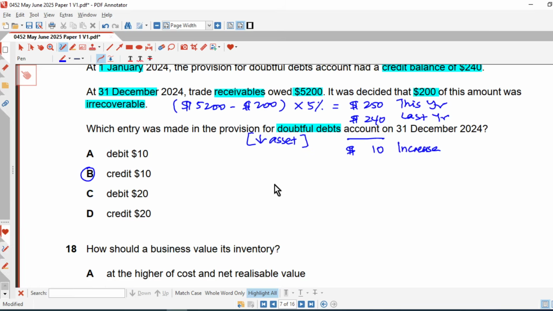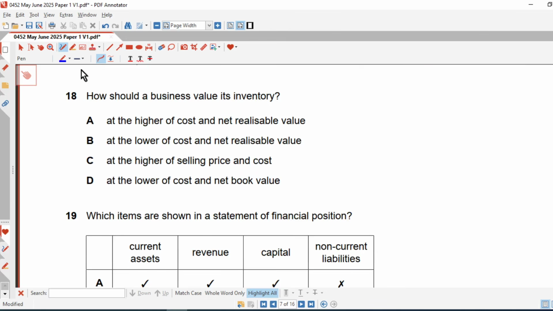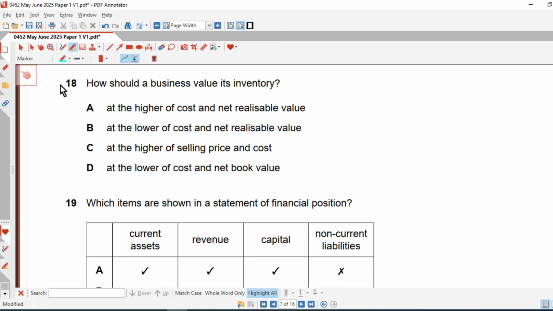Let's turn you to question 18. How should a business value its inventory? Right, straightforward question. How do you value your inventory? So there is an accounting standard for this.